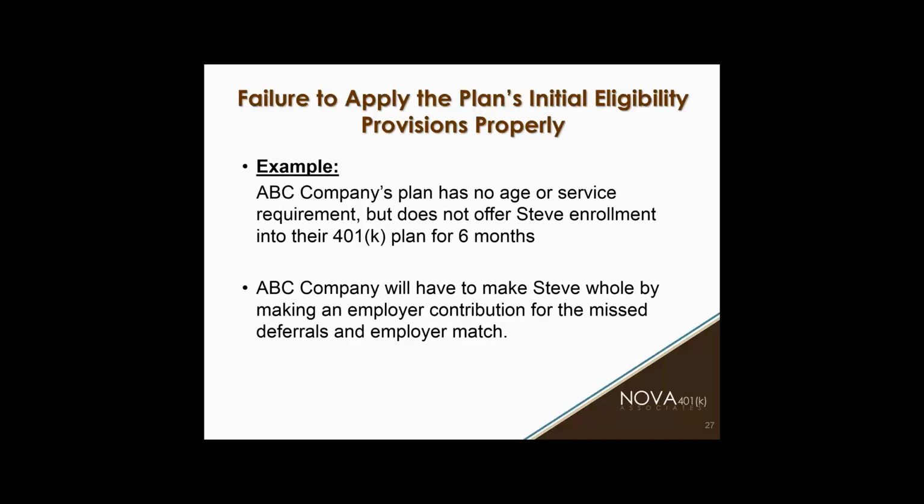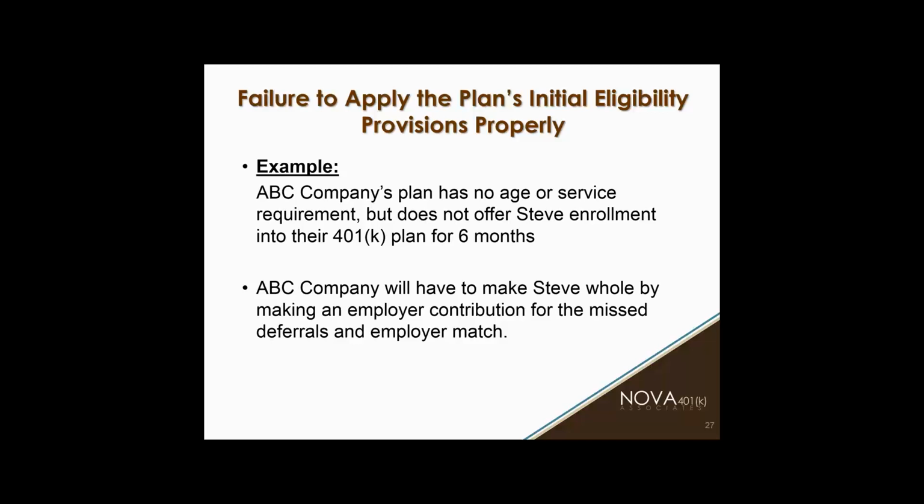So as an example, if you have a company that has no age or service requirement for entry into the plan, but holds an individual out for 6 months, then what do we do about that? Steve in this case would have to be made whole by the employer for the missed employee and employer contributions to the plan, right?